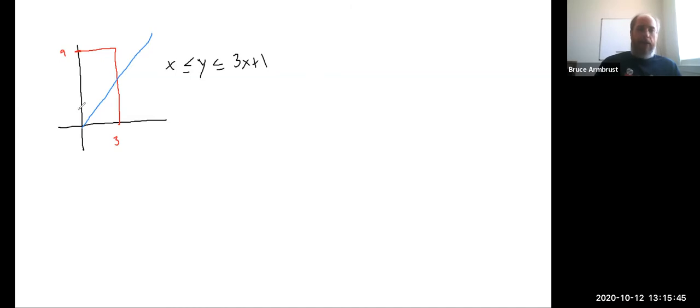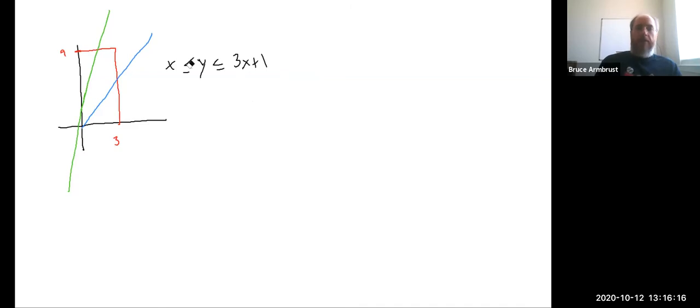It's going to have a y-intercept of 1 and a slope of 3. Try to make it look a little more linear. How about that? Okay, so that is our line y equals 3x plus 1. And if we want y to be smaller than that, we need to be under that green line.